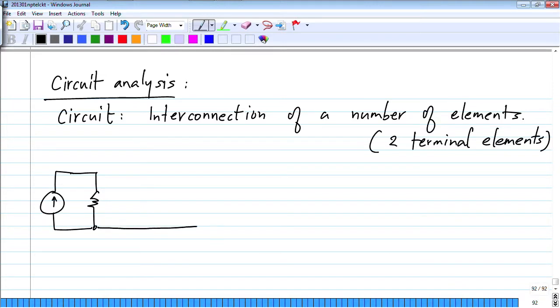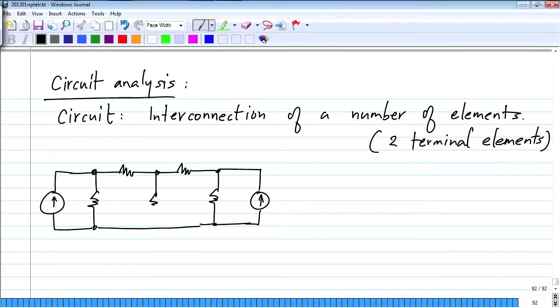This is just some example that I'm going to show. So you see a number of elements. We have a number of current sources and resistors connected up like this.